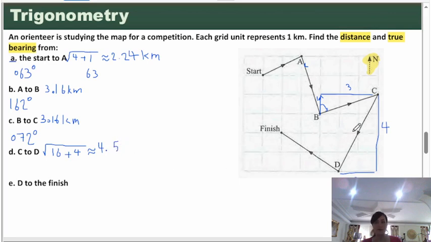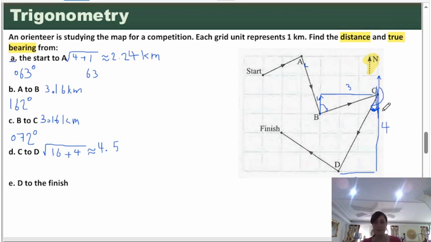To find bearing, I say I stand at C, look at the north, and then turn until I face D. Okay, so it's enough. I find this angle and then add it up with 180, so I will find the bearing.